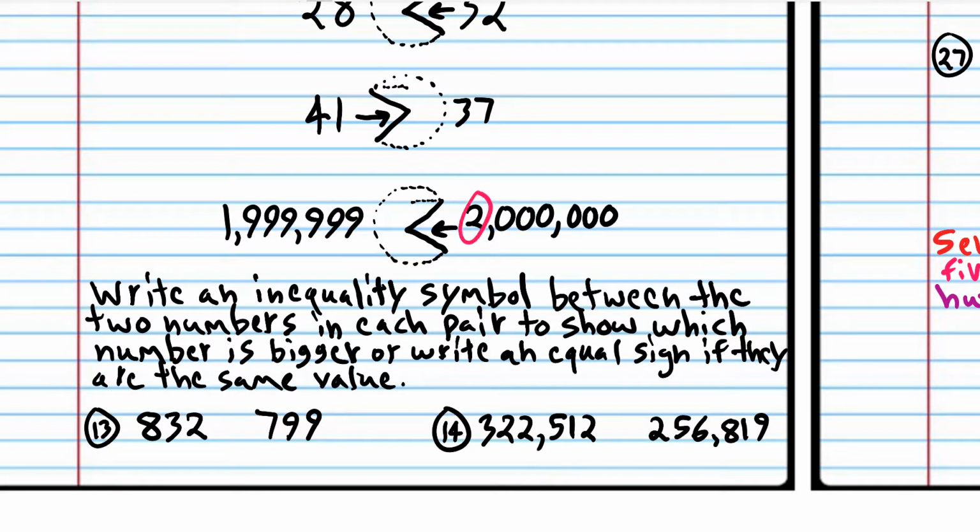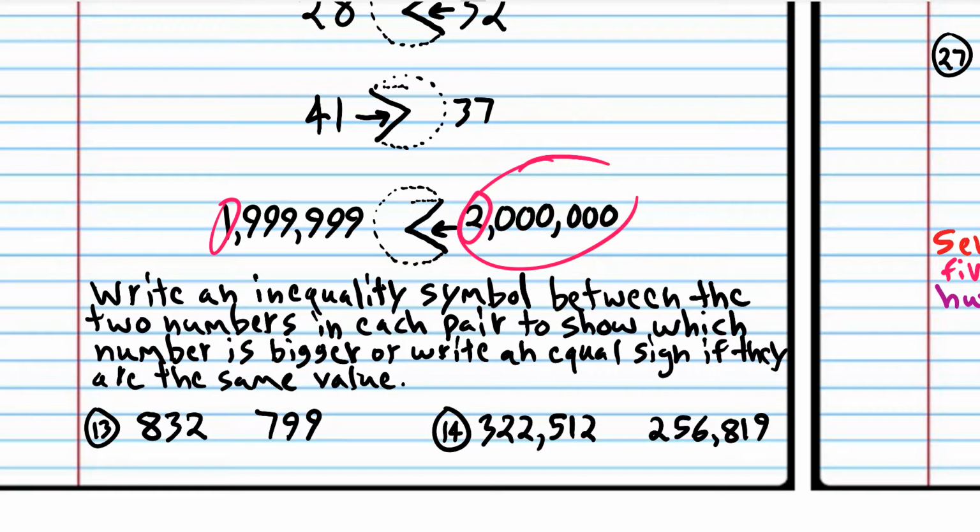That would be 2 in this number and 1 in this number. So because there's a 2 in this number, that means that this number must be bigger. Again, if you're looking at two numbers that have the same number of digits, whatever number is furthest to the left is bigger, that number must be bigger.